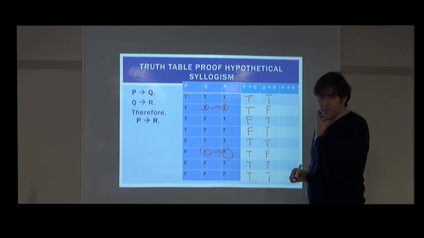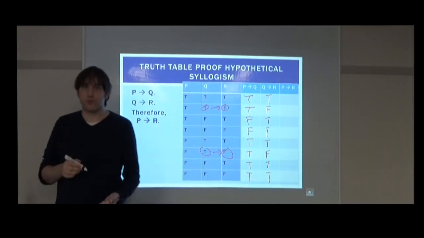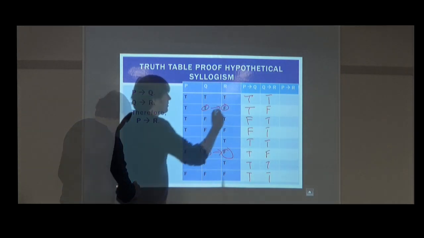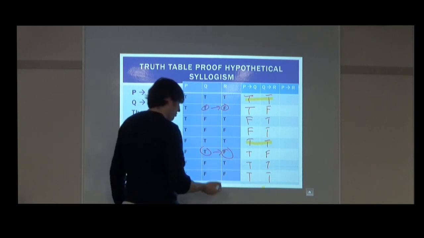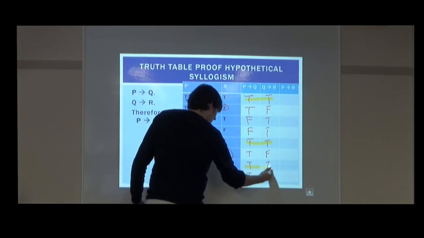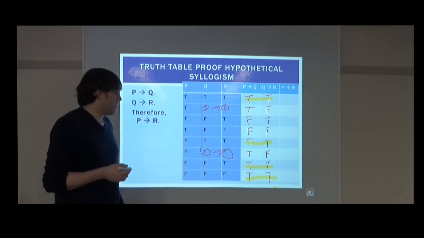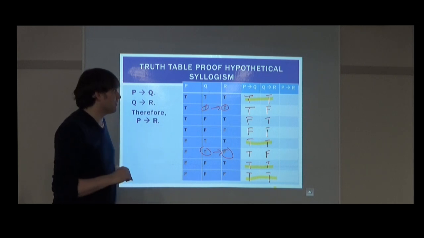Okay, so this one's interesting because now we have a lot more places where both premises are true. I'm going to highlight all of them for you. In this case, both premises are true, both premises are true, both premises are true, and both premises are true. So we have 4 rows where both premises are true and 4 rows where at least one premise is false.